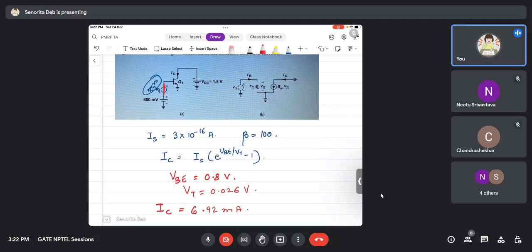So, first we found IC because V1 was 0, there is no AC perturbation, there is no small signal right now, and we have simply taken the DC voltage that is there.